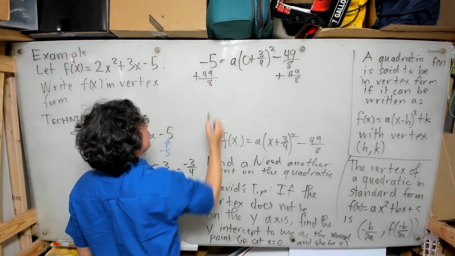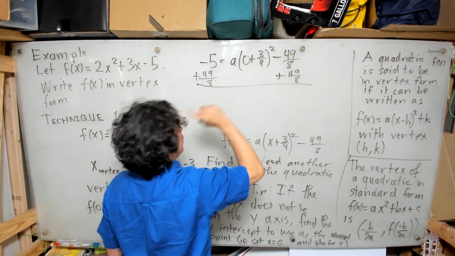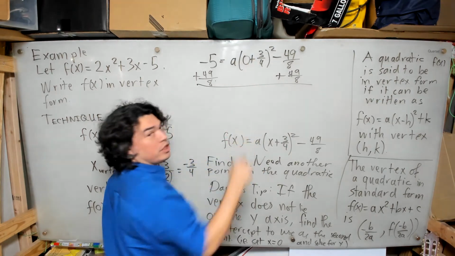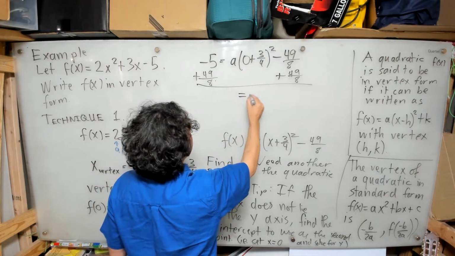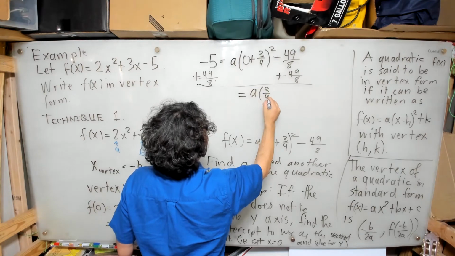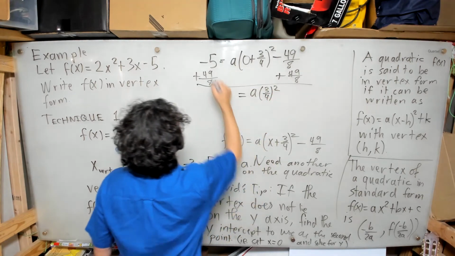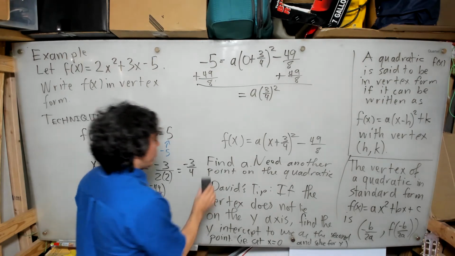Now, 0 plus 3/4 is just 3/4, so I can rewrite this as a times (3 over 4) squared equals whatever this is. Let me calculate that over here.